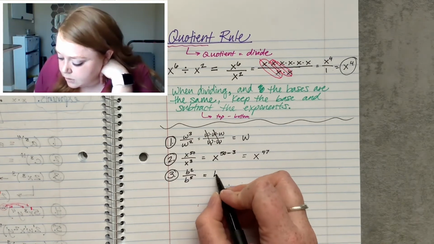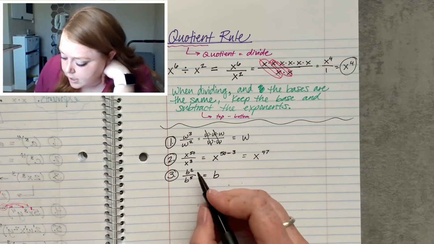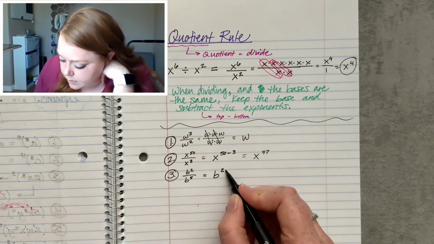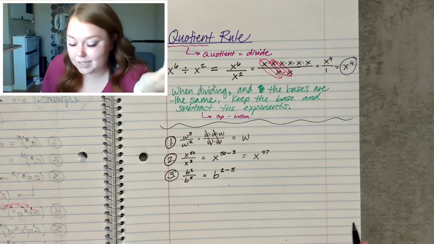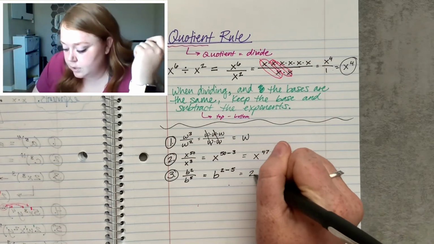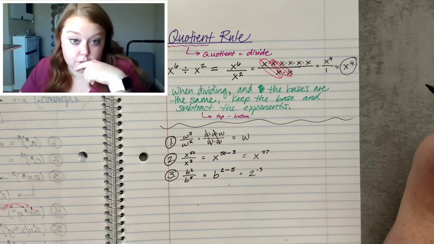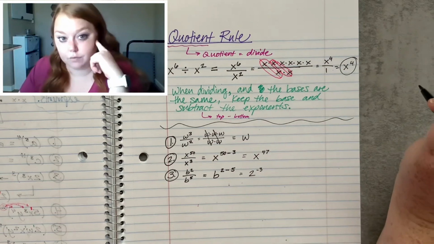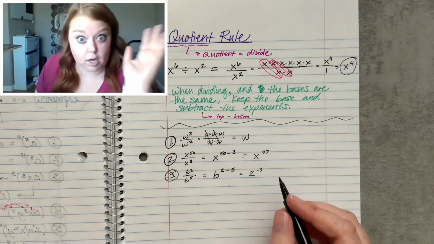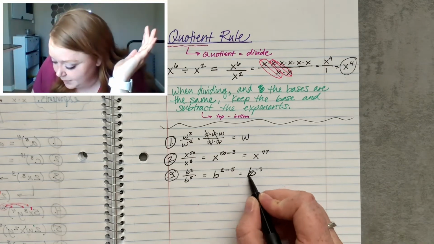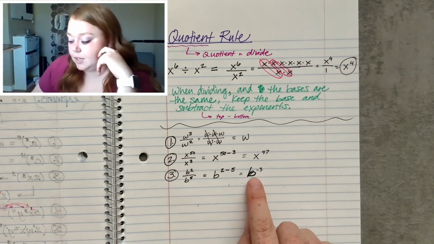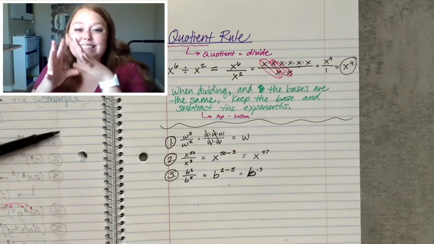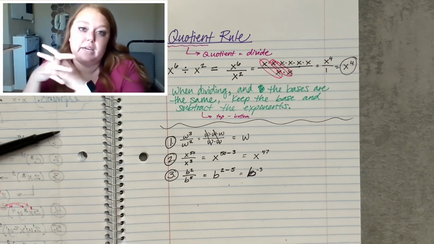So this would be b to the, and then we take the top power, subtract the bottom power. 2 minus 5 is negative 3. So this would be b to the negative 3rd power. I can't leave that as my answer.